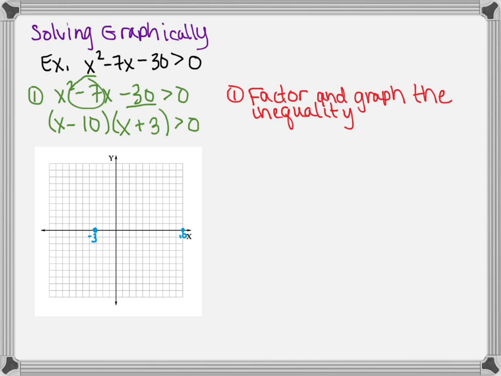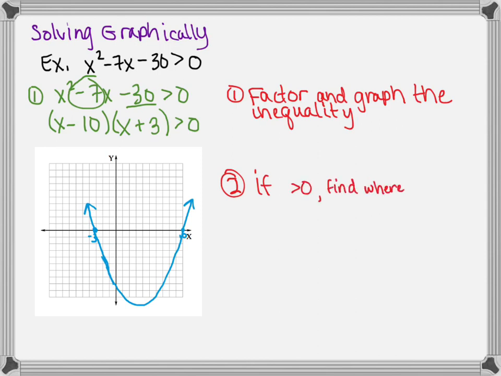So we know it's crossing the x-axis at those 2 points. We know that this parabola opens upward. So our vertex is somewhere below the x-axis, and I don't know exactly where it is. We could calculate it, but we don't need to. We know it opens upward, and it crosses the x-axis at negative 3 and at 10.